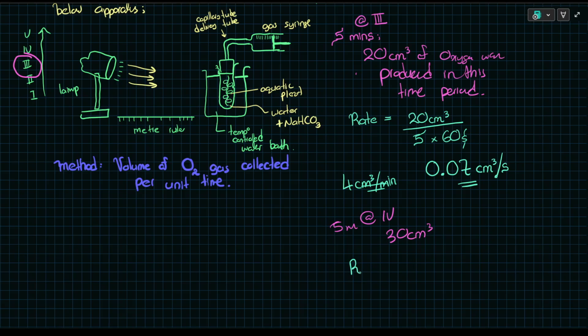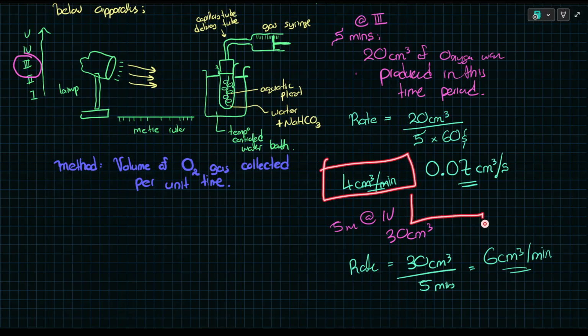So rate is equal to 30 cm3 over 5 minutes. You see, I have not changed the time. 30 over 5 is 6. So 6 cm3 per minute. Now let's compare those values: 4 cm3 per minute to 6 cm3 per minute.